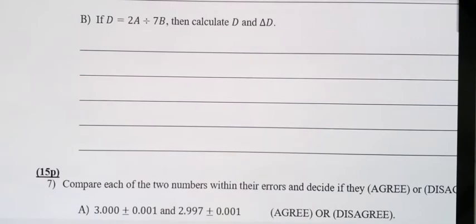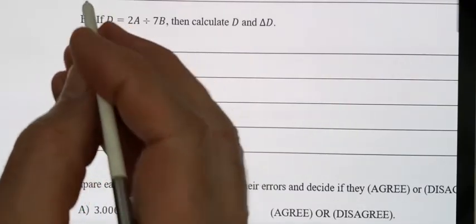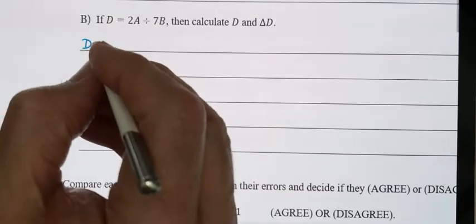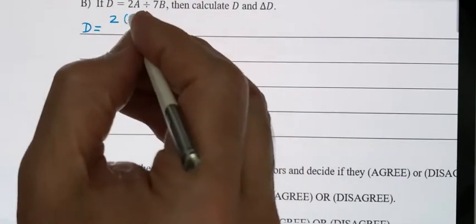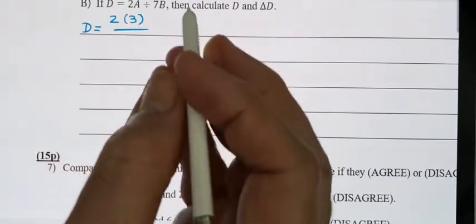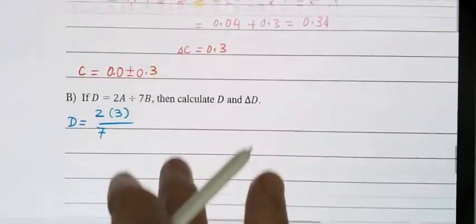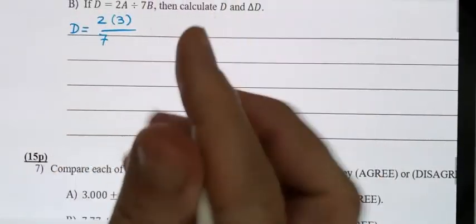Now D is equal to A divided by 7B. So D is equal to, what's the value of A? 3. What's the value of B? 2.